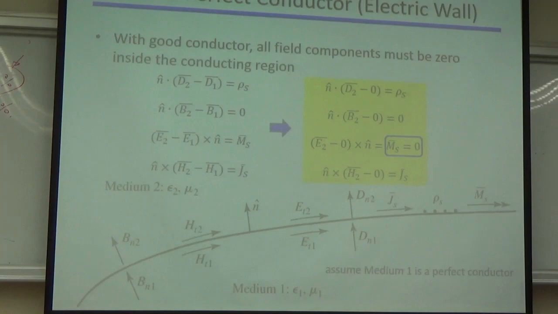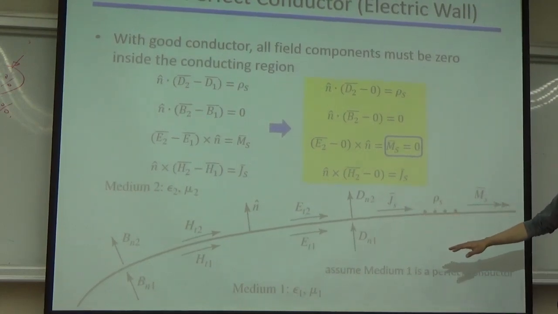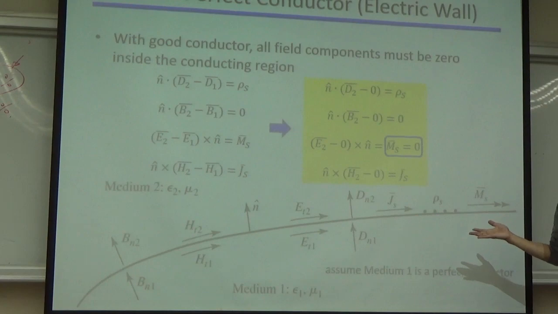The definition of perfect conductor means there is no field in material 1, because it is a perfect conductor. Either H or E, they are both 0.